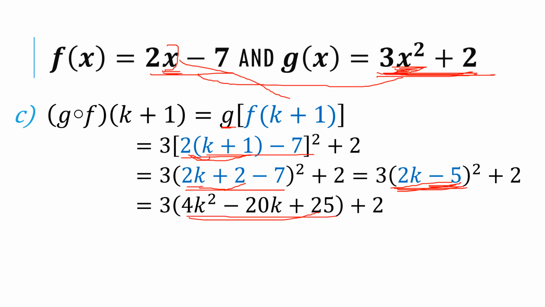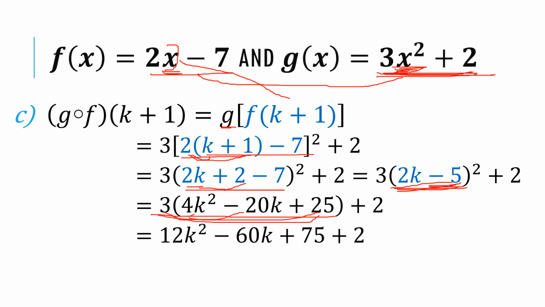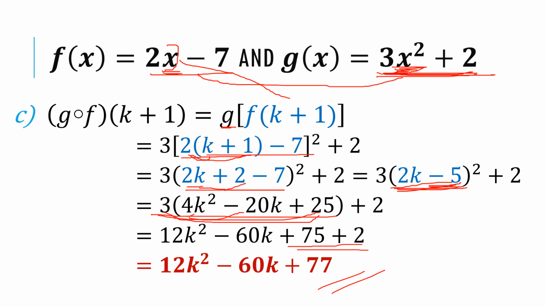And then, distribute naman natin yung 3 sa lahat ng terms na nasa loob ng parenthesis. Kaya magiging, ganito na siya. 12k squared minus 60k plus 75 plus 2. So, pwede pa bang masimplify? Yes. Kasi meron pang like term, 75 plus 2. So, the final answer is 12k squared minus 60k plus 77.